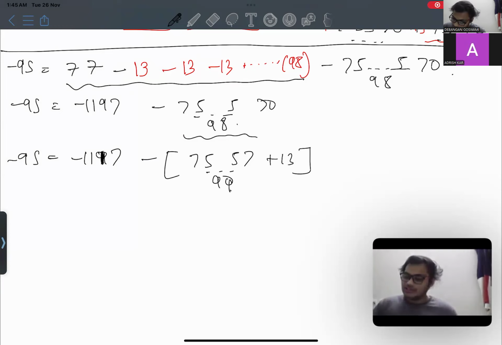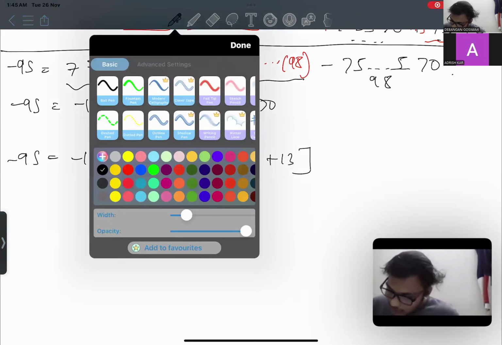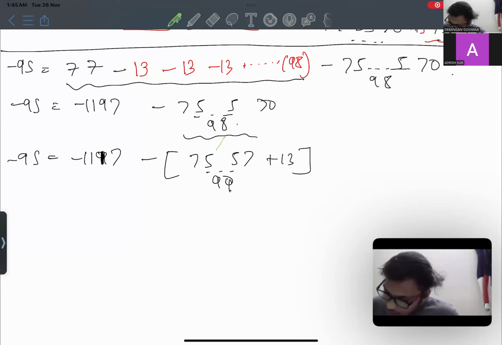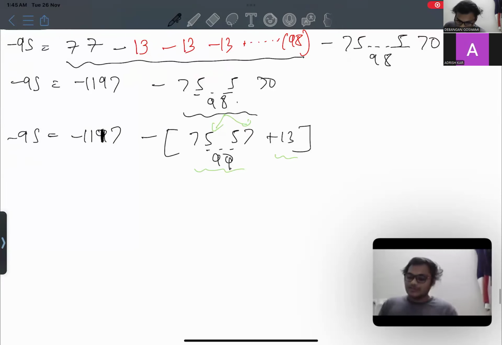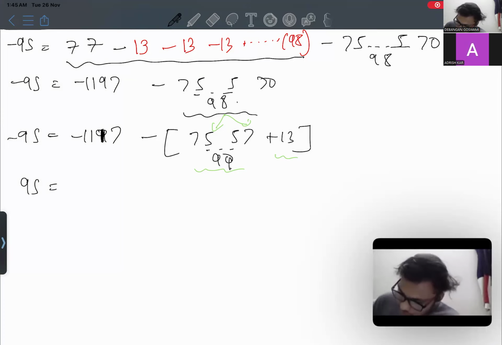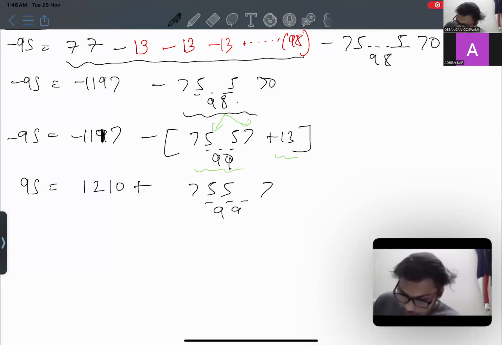So this part is broken down into two segments: 755...5 99 times and the 13. So now just the remaining part is left. You can see that we are basically multiplying LHS and RHS by minus 1 on both sides. So 9S is coming, the 13 will come out. 1210 plus 755...5 99 times, right?